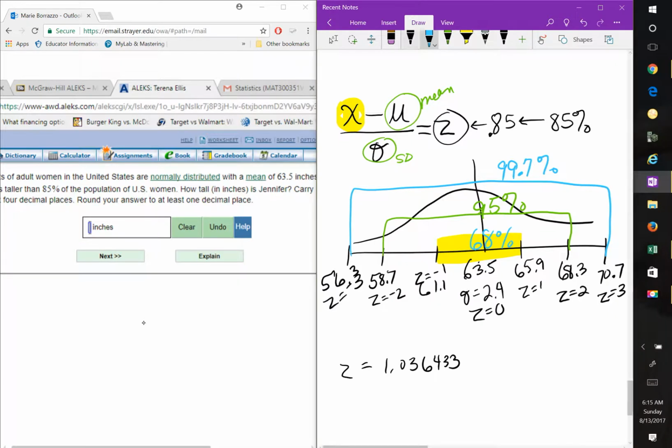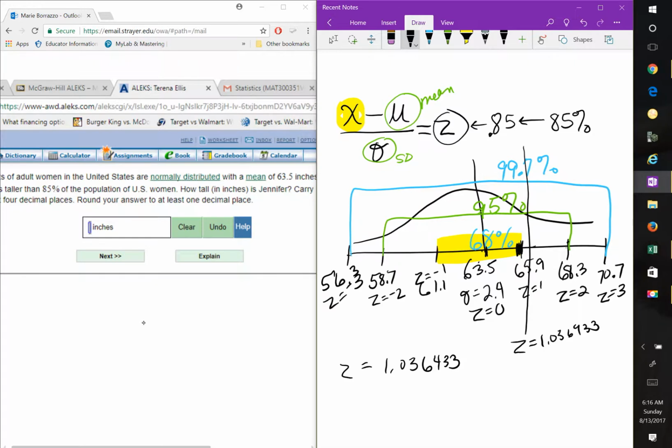So as I'm looking at this, I'm thinking, okay, if I were to cut this diagram in half, here's 50%. At this point, I'm at 84%. I'm adding a little bit more, so that z-score is sitting somewhere in here. Since z is equal to 1, our z was 1.036433, so it's just slightly a little bit more than 1.